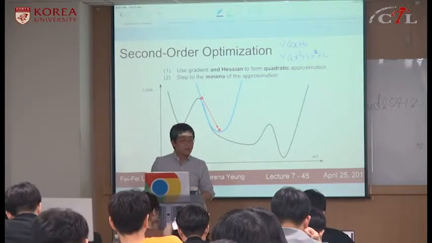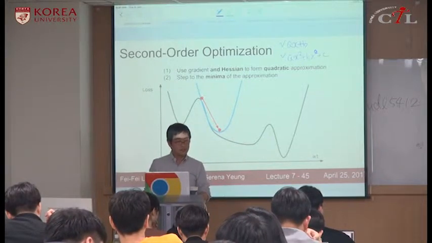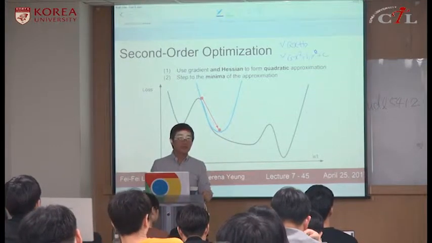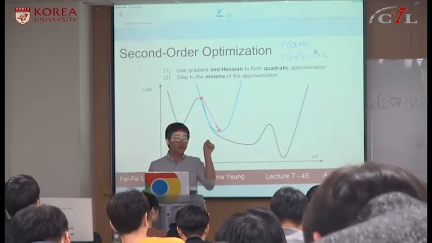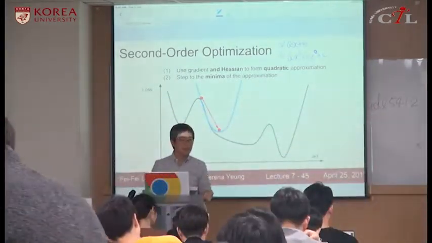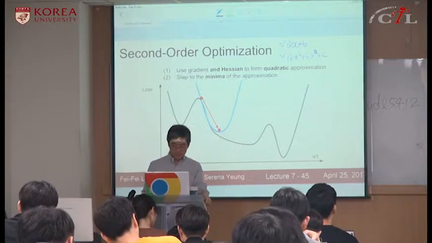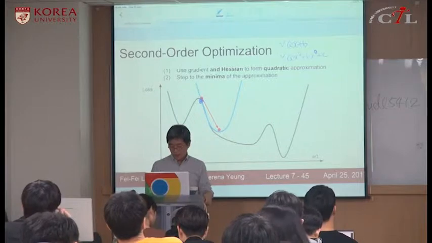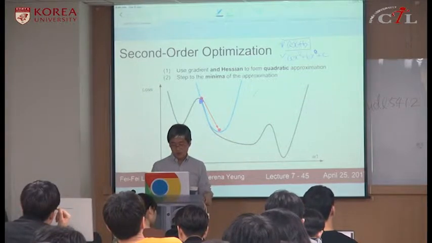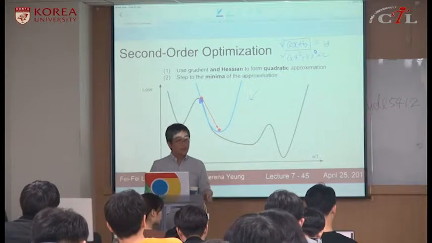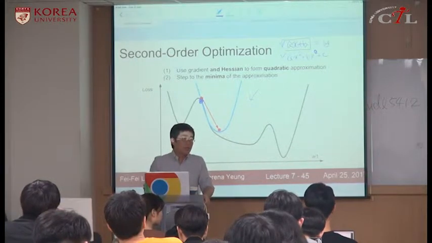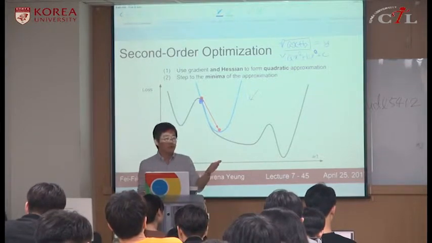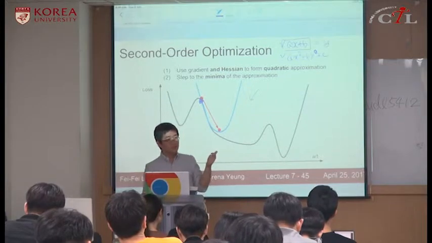So in order to approximate this given complex function, we have to first fix a particular point. That's usually how this Taylor approximation works. So for example, we specify a particular point. Then how we approximate this complicated function into this form is by making the zeroth order and the first order derivative the same between the two graphs.